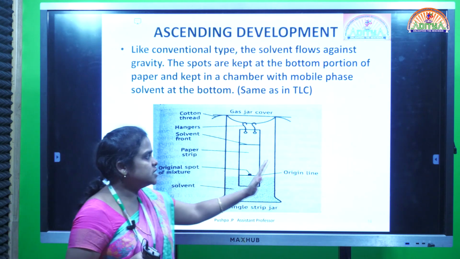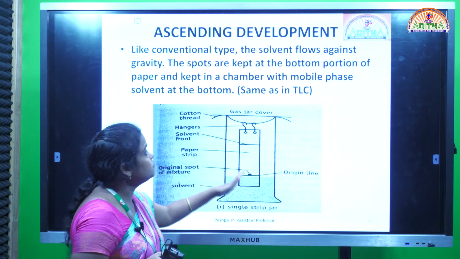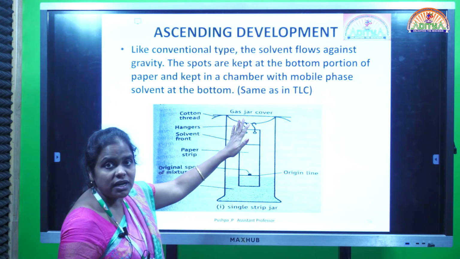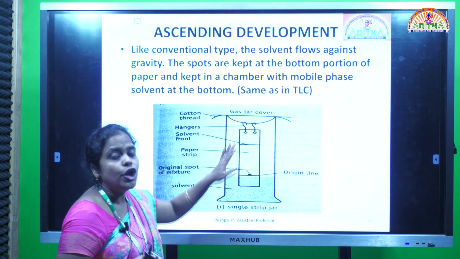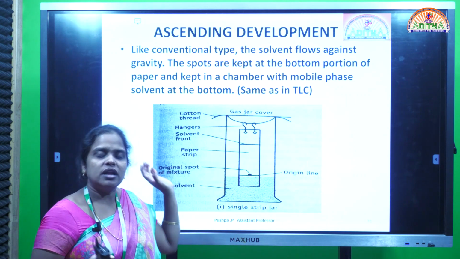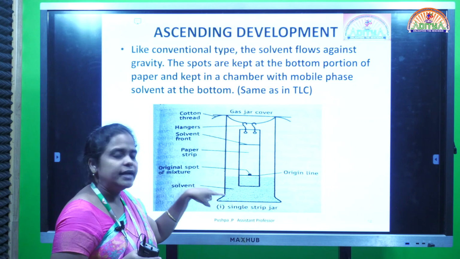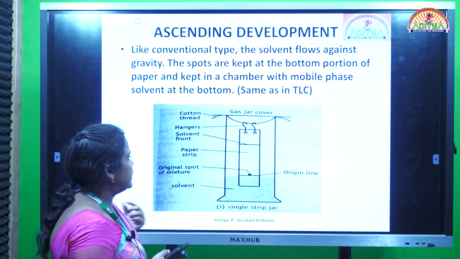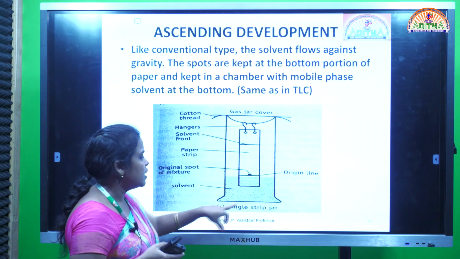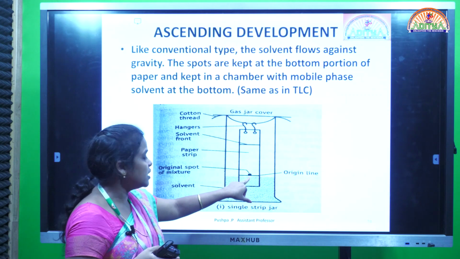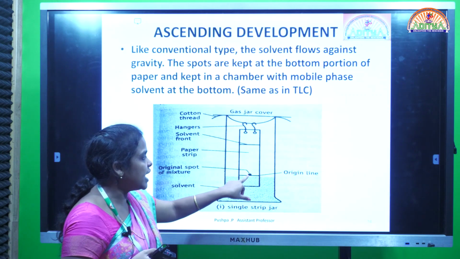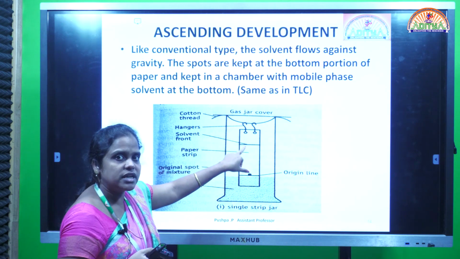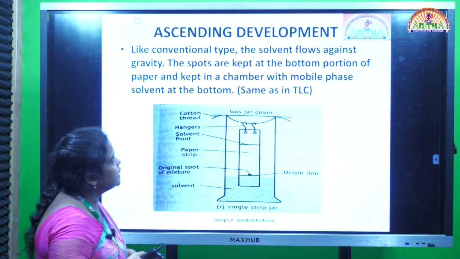That's why, without touching the side walls, we hang the paper using cotton thread, and you have to cover the glass beaker or development chamber to avoid atmospheric conditions interacting with the conditions inside the development chamber. After keeping the mobile phase, we have done the sample spotting. This is the sample spot, and it will move along this direction, against the gravitational force. This is called ascending development.